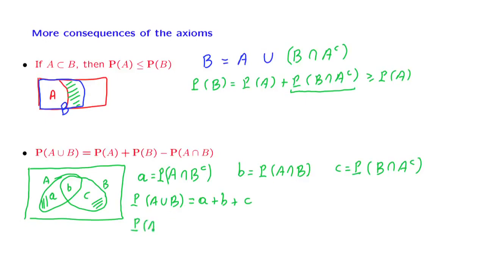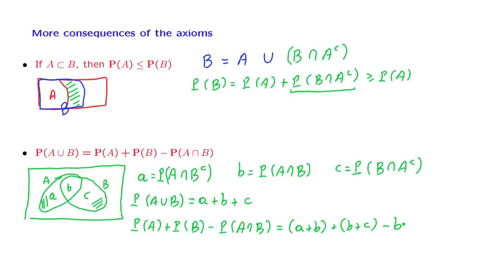Let's look now at the right-hand side of that equation and see whether we get the same thing. The probability of A plus the probability of B minus the probability of A intersection B is equal to the following. A consists of two pieces that have probabilities little a and little b. The set B consists of two pieces that have probabilities little b and little c. And then we subtract the probability of the intersection, which is b.